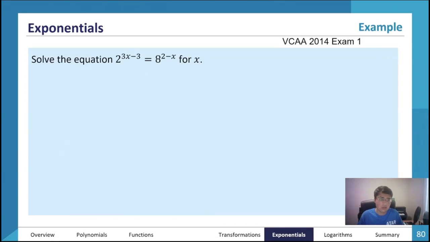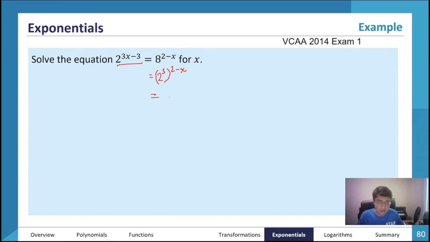We have 2 to the 3x minus 3 is equal to 8 to the 2 minus x. So what we can do is use that very first trick we saw in the previous slide. 8 is equal to 2 to the 3. So this expression on the right is equal to 2 to the 3 to the 2 minus x.